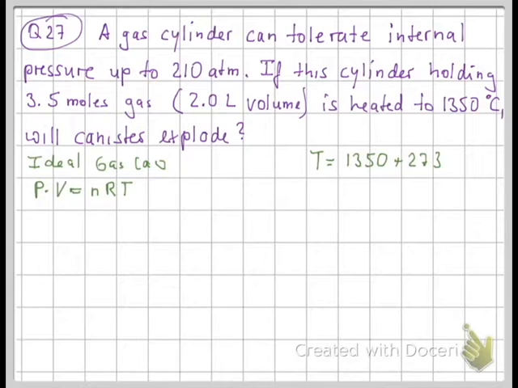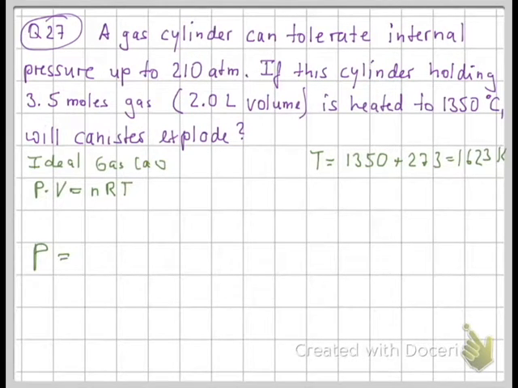Equals 1,623. 1623 kelvins is the temperature in Kelvin. So we have pressure, we have the number of moles. So actually we want to know what the pressure is. We know that the cylinder can hold 210 atmospheres, but we don't know what this gas will do at the condition. So we want to actually solve for P.